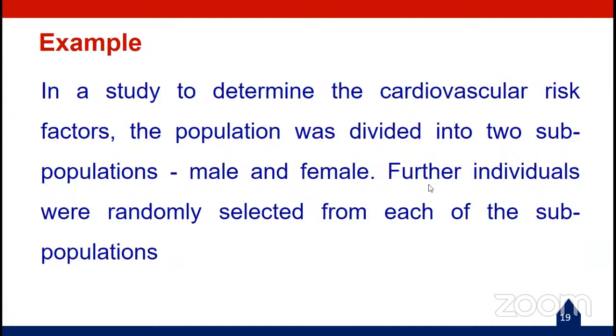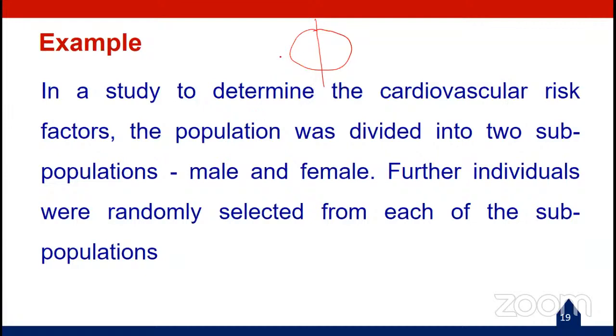So we have a population, which is nothing but the people with cardiovascular diseases. So this is the main population. What the researchers did is they divided the population into two subgroups, or we can call them two strata.